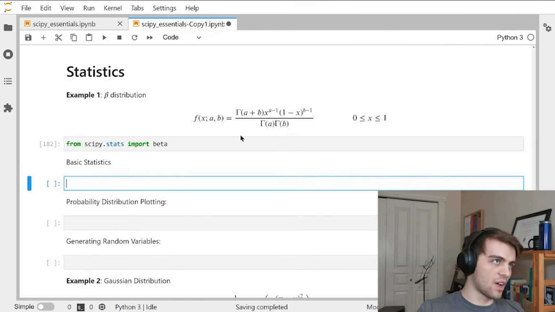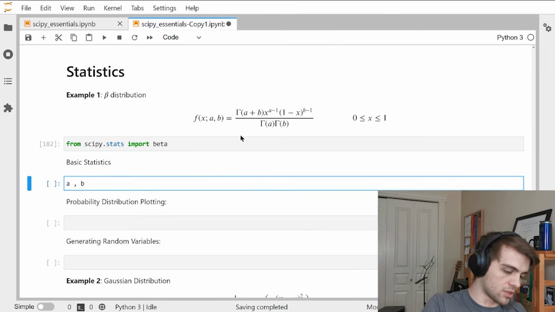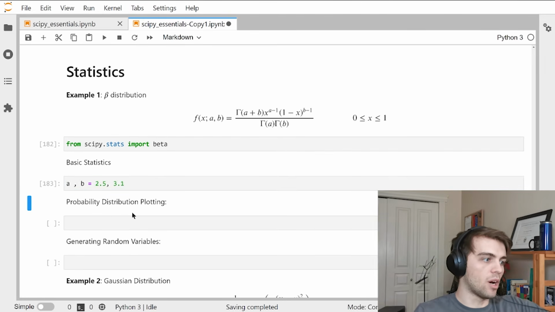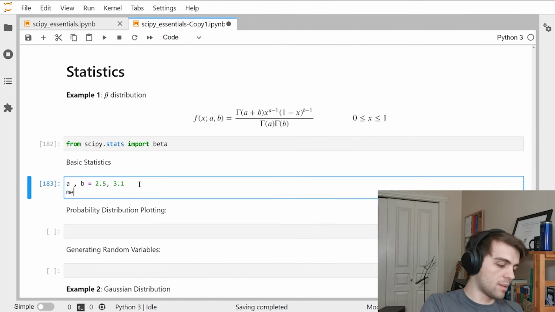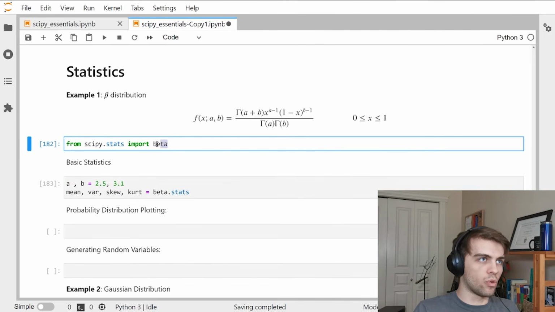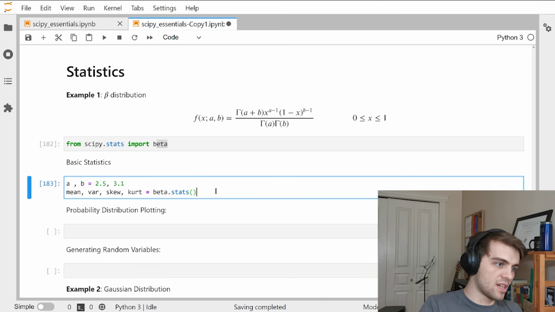So, for example, I can choose values for A and B. I can say A, B is equal to 2.5, 3.1. And I can plot the probability distribution. Well, I can get basic statistics first, actually. If I want the mean, the variance, the skewness, and the kurtosis, I can go beta.stats. So note that beta is this whole library. I just go beta.stats.